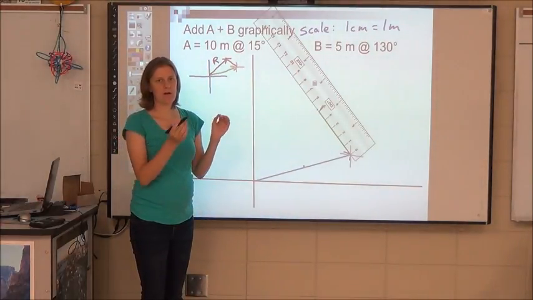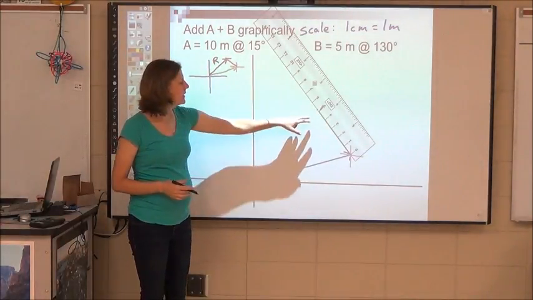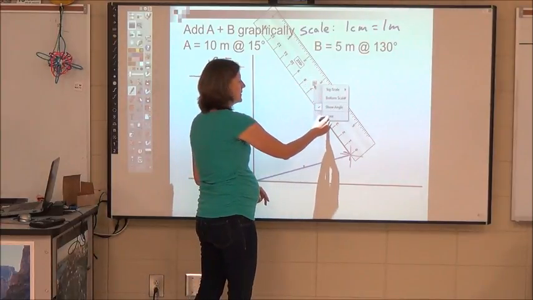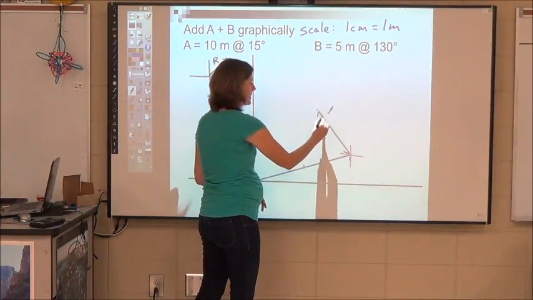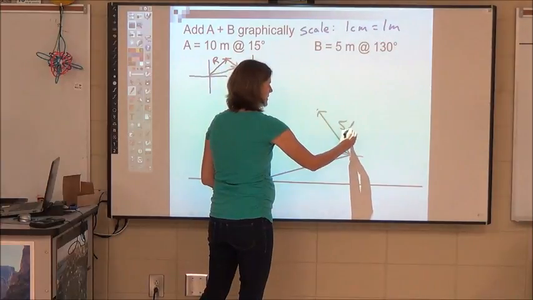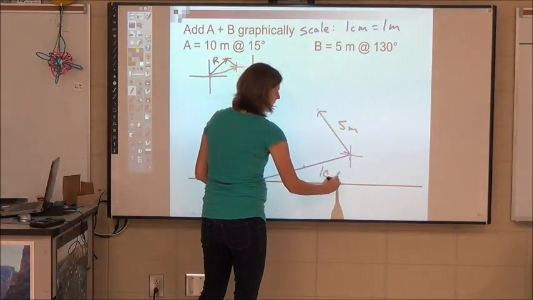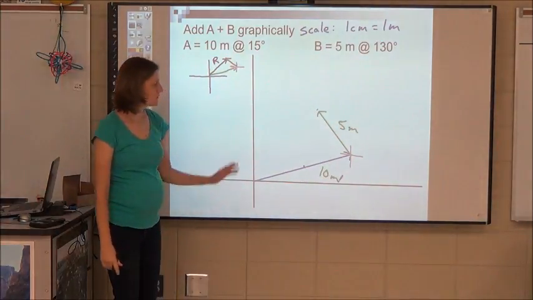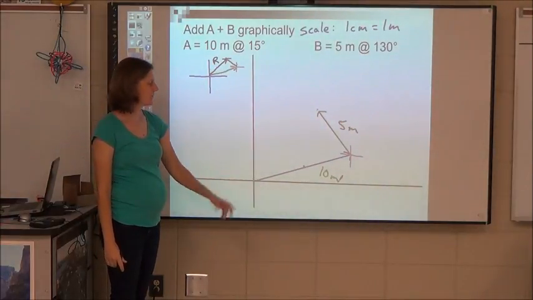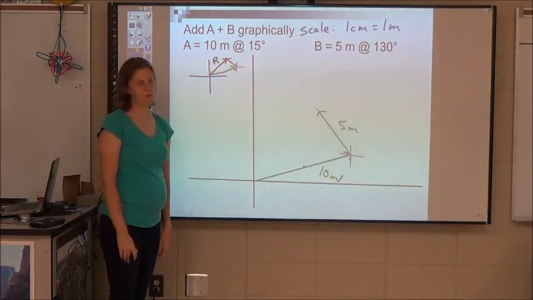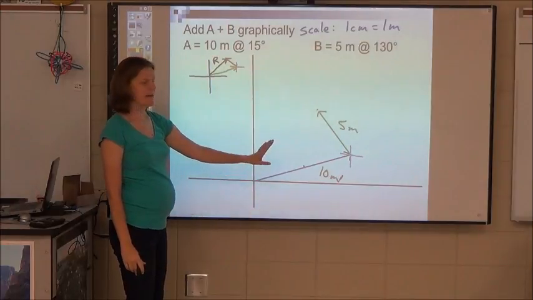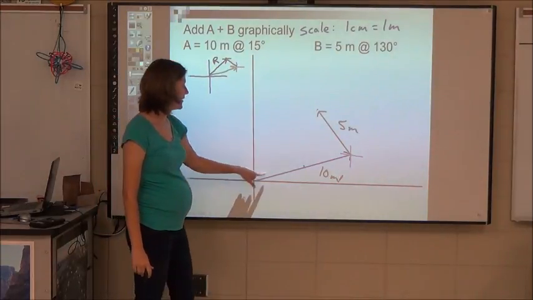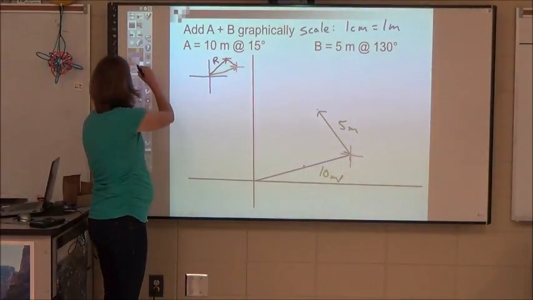Don't think you need to draw and stop at that dot. So I have now added my 2 vectors. I've drawn them pretty well to scale. And now my result, my answer, is tail of the first to head of the last.